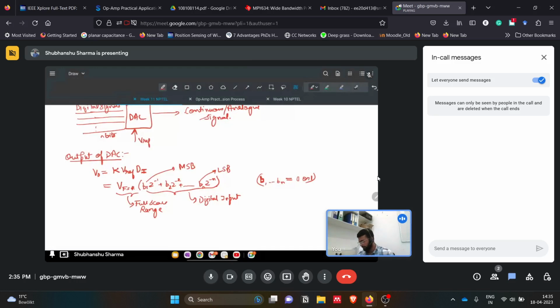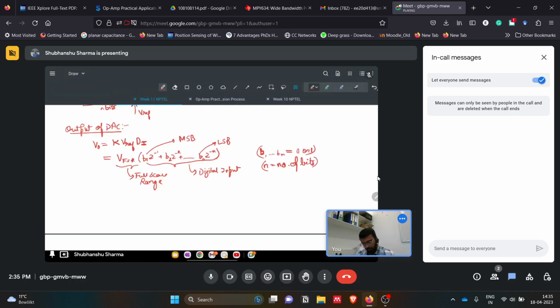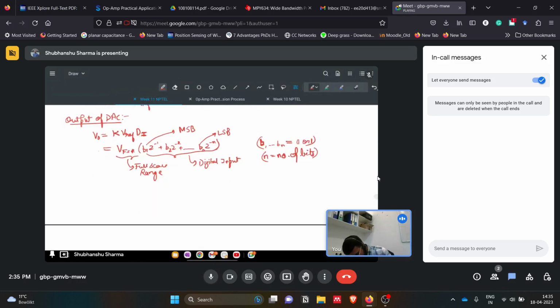And n is the number of bits. This is one of the important equations for the DAC, so we can highlight this.